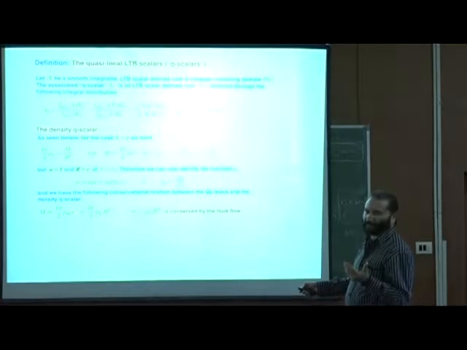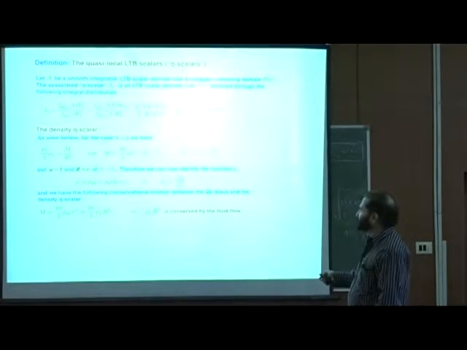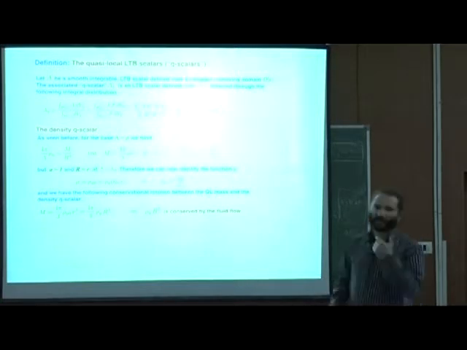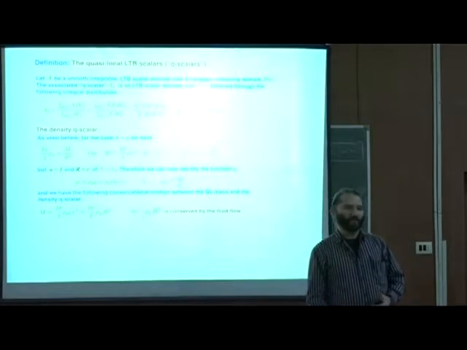We've derived it. So what we have is that rho q times r cubed is conserved by the fluid flow. Because even though rho q depends on time and r cubed depends on time, the product of them is independent of time. Therefore, this whole product is a quantity that is conserved by the fluid flow.